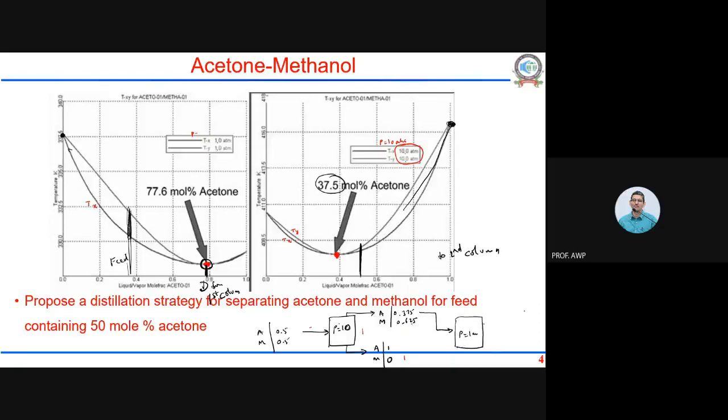Distillate will be the azeotrope, acetone and methanol 0.776, 0.224, and the bottom would be acetone 0, methanol 1. And this acetone and methanol we can recycle back. Absolutely okay. We can have the 10 atmosphere first and the 1 atmosphere as the second column.